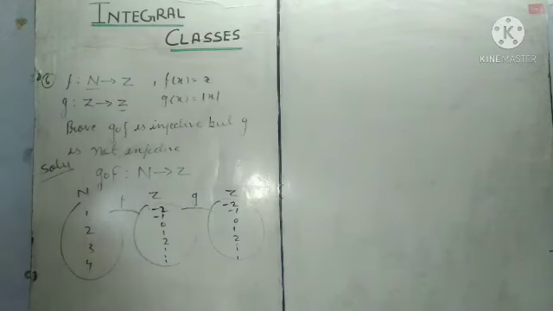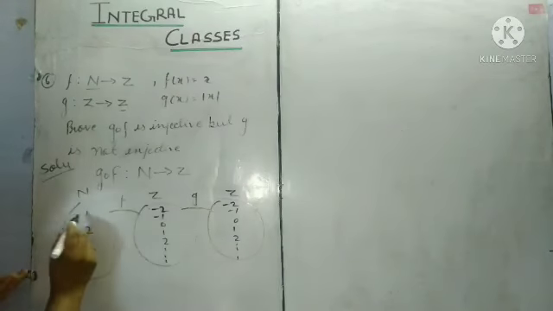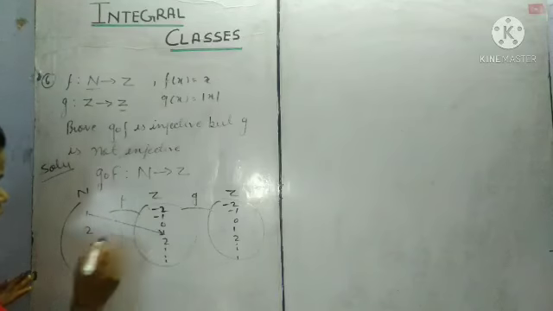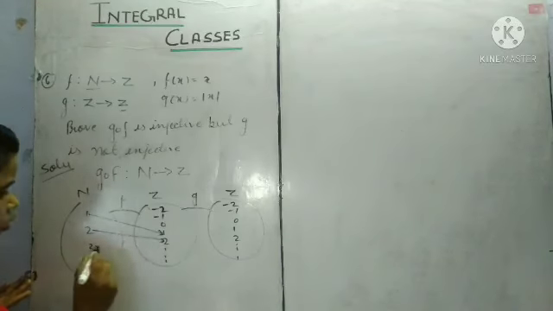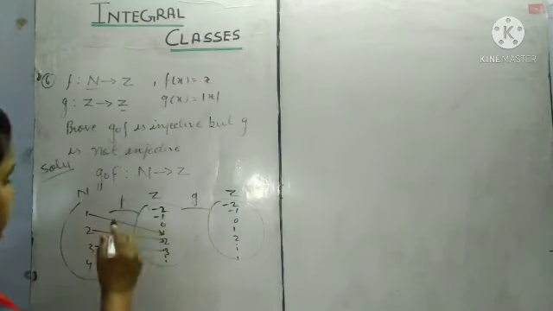So student, if we put f(x) = x, every image is x, which means all elements have pre-images except the negative numbers. Negative numbers do not have a pre-image here.